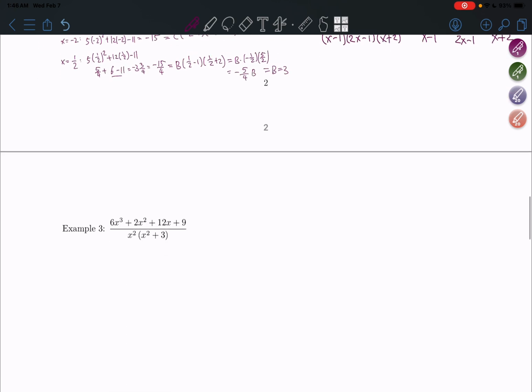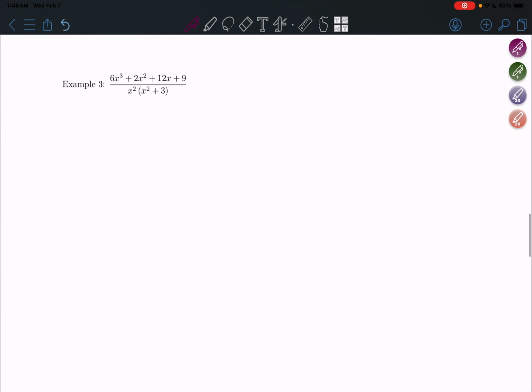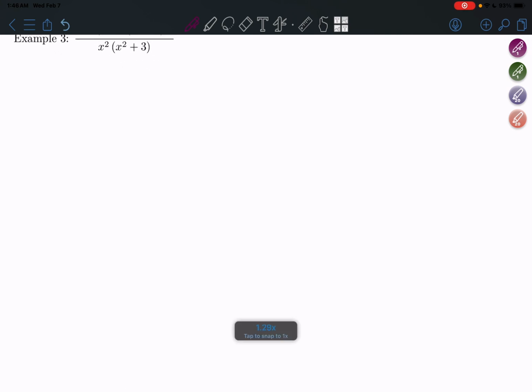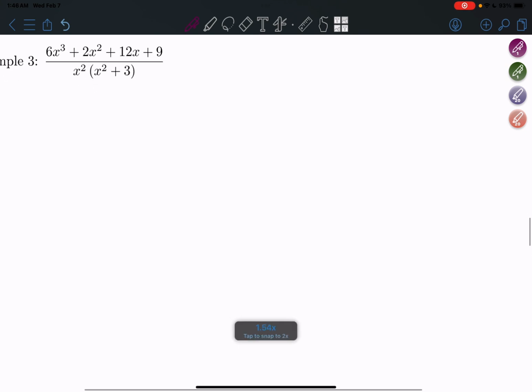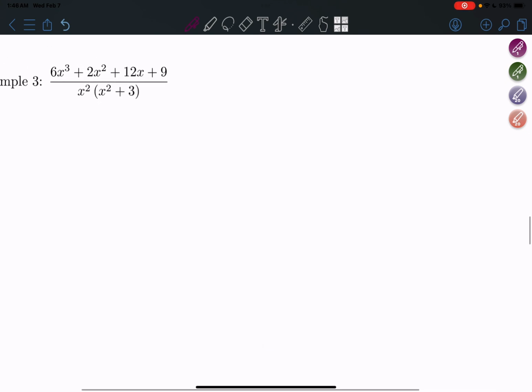All right, moving on to the next example. Here we see that the numerator is a relatively big polynomial, 6x cubed plus 2x squared plus 12x plus 9. The denominator is x squared times x squared plus 3.